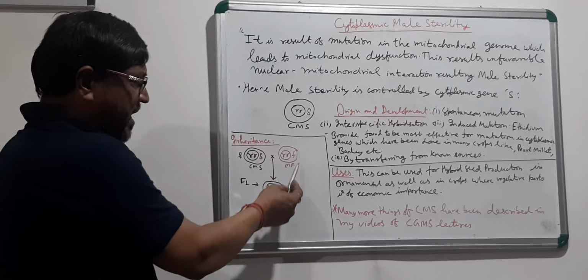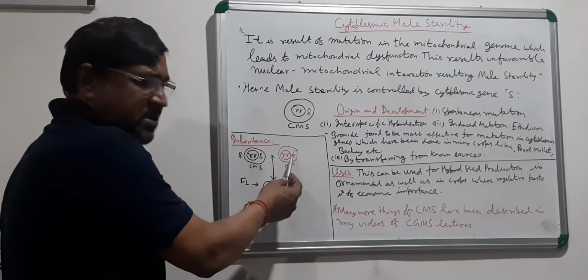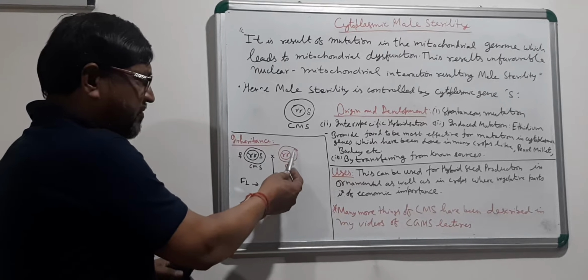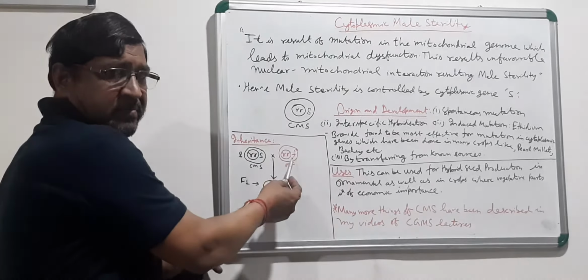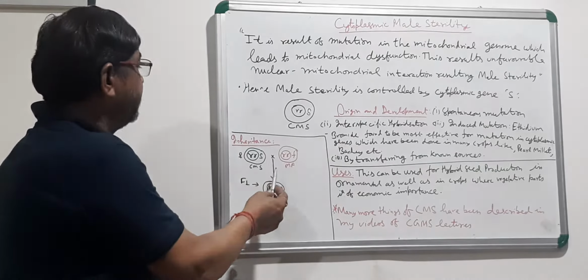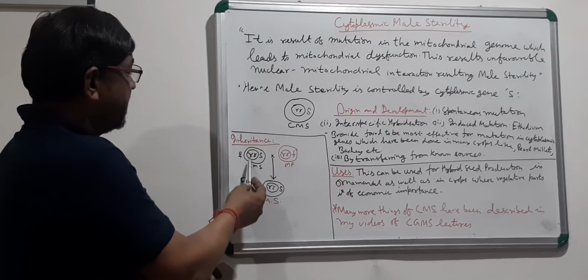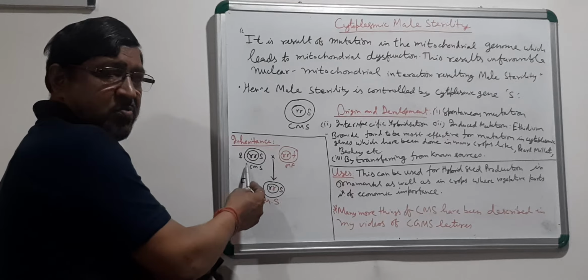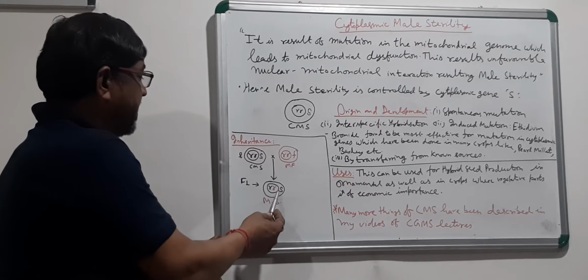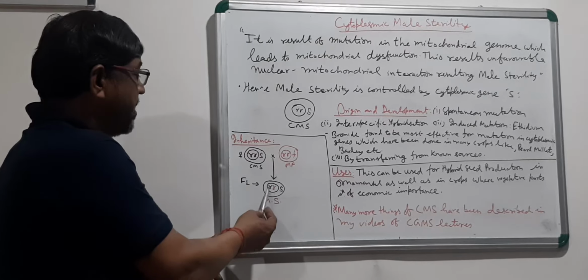If you cross with another normal variety which does not have fertile cytoplasm, then in the F1s, as cytoplasm comes from the female, all the hybrid seeds obtained will be male sterile.